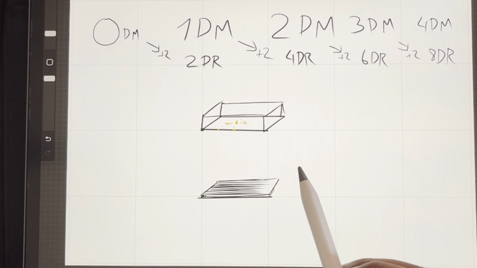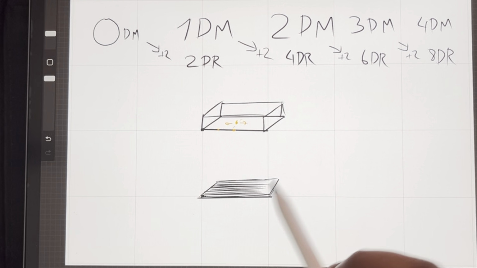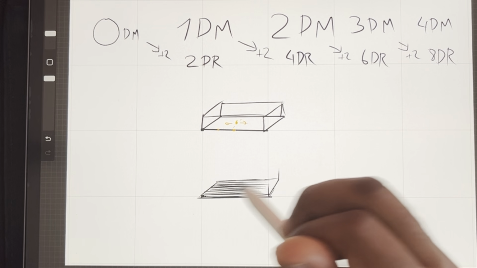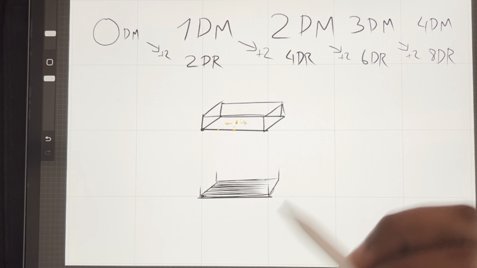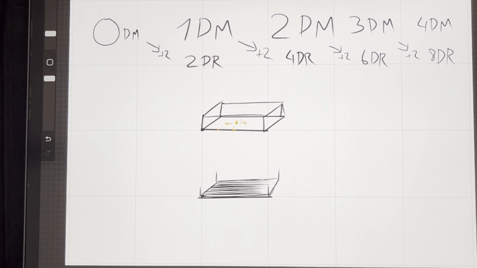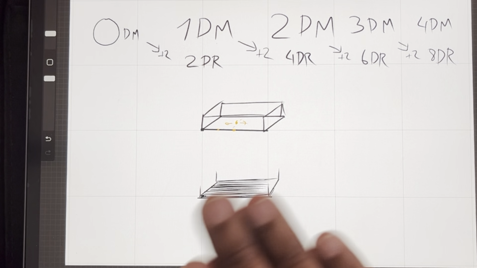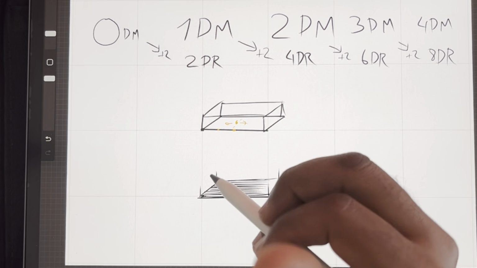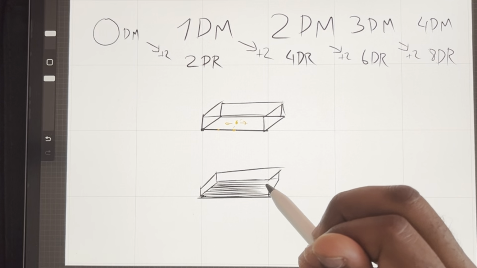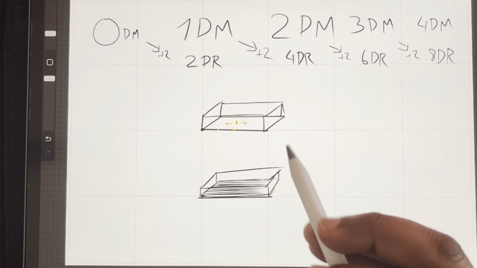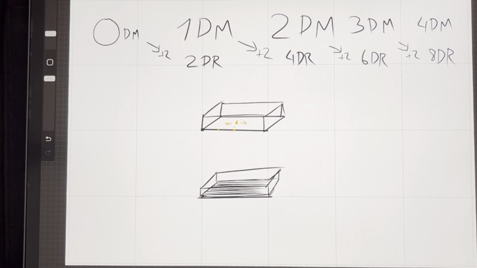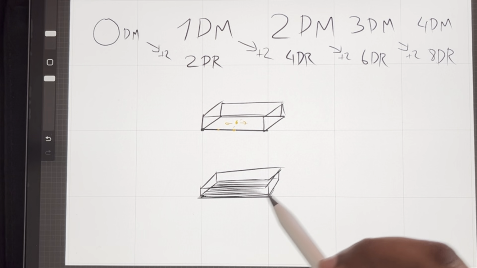If you want to create a three-dimensional space, how do you create it? You add a lot of two-dimensional spaces on top. Imagine you have a piece of paper, and then you put another piece of paper on top, and another one, and then you have a book, and this is the three-dimensional space. So the three-dimensional space is made out of endless two-dimensional spaces.